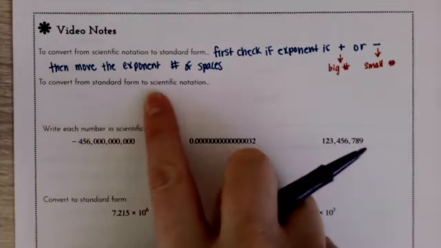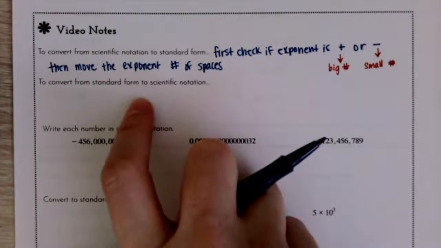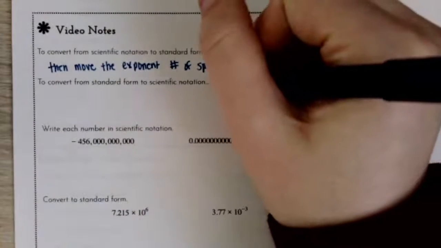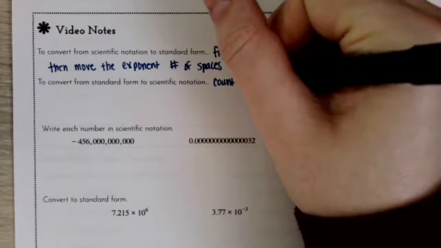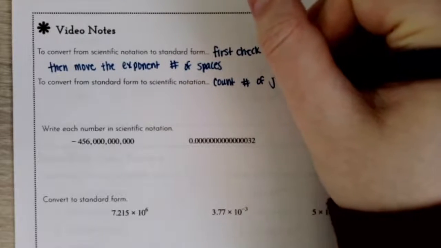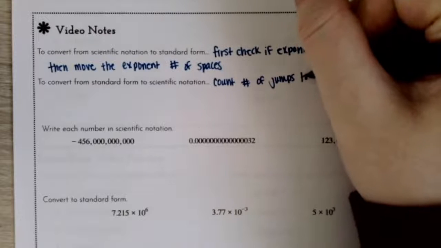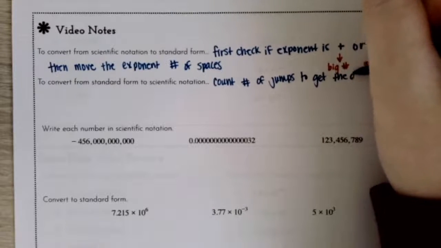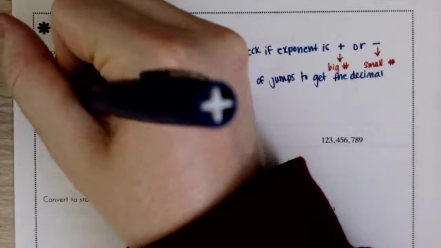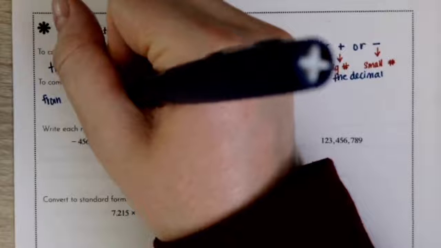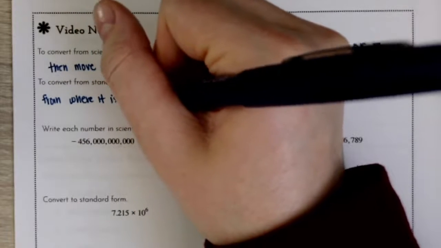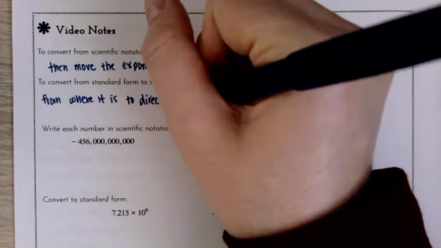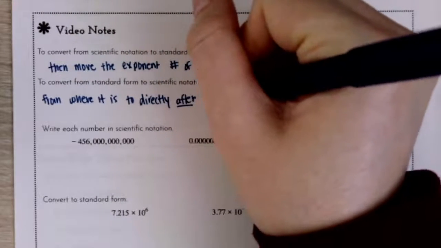And then vice versa, if you're given standard form, just a regular number, to convert to scientific notation, we want to count the number of jumps to get the decimal from where it is to directly after the first number.